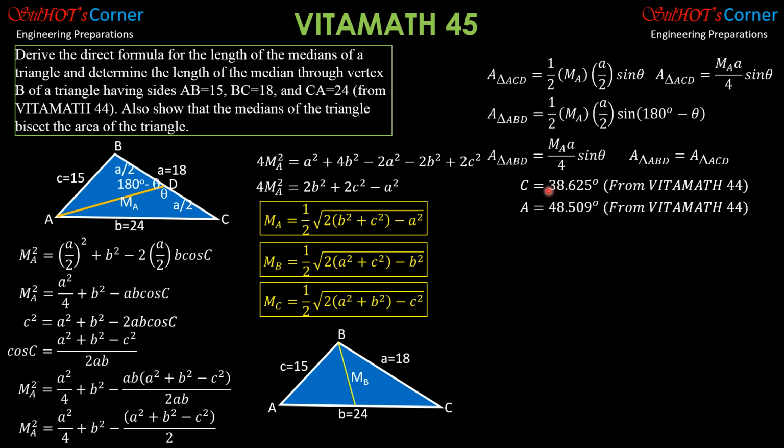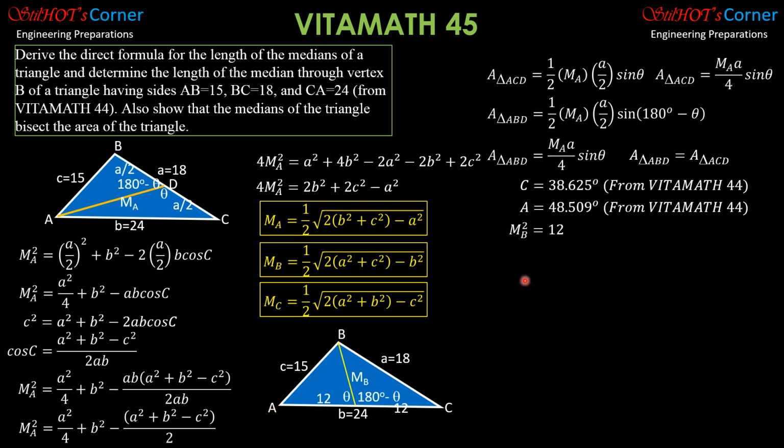Since we already know C and A, this angle here and this angle here, we simply apply cosine law, because this is 12, that's theta, 180 degrees minus theta, 12 cm, that's also 12. Then we can compute MB by cosine law of this triangle here, or in this triangle here.